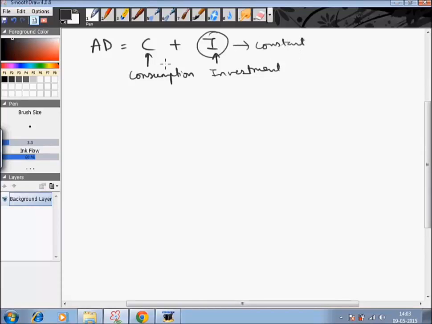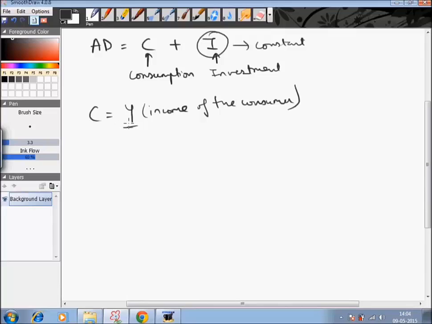Now what about consumption? C depends upon the income of the consumer, which is denoted by Y. So Y here is the income of the consumer. So we can also say that C is a function of Y, that is, it will increase as the income of the consumer increases.